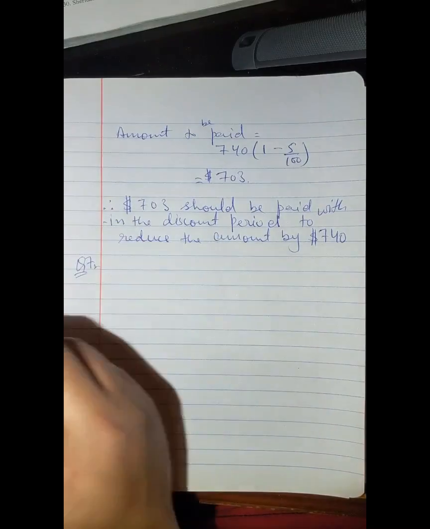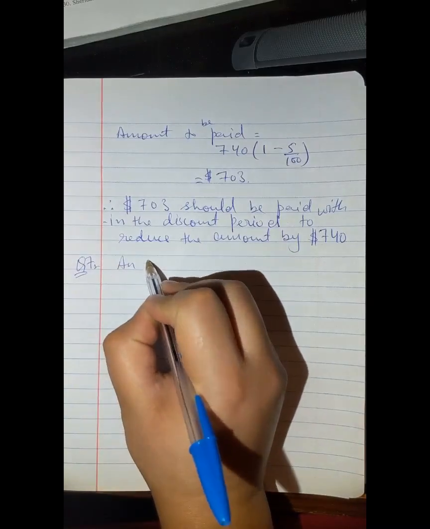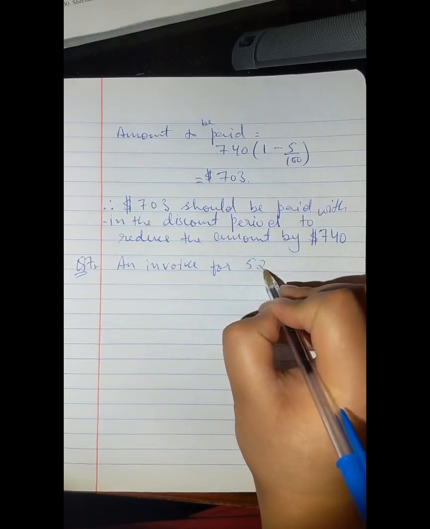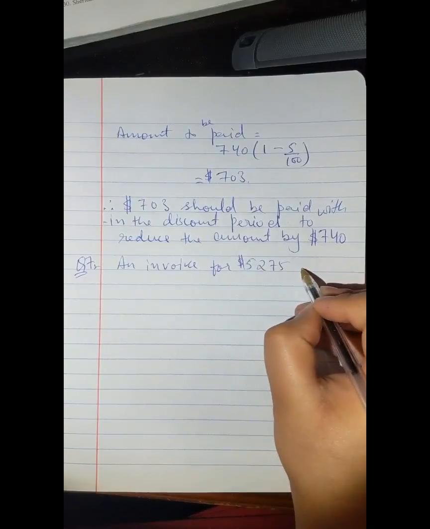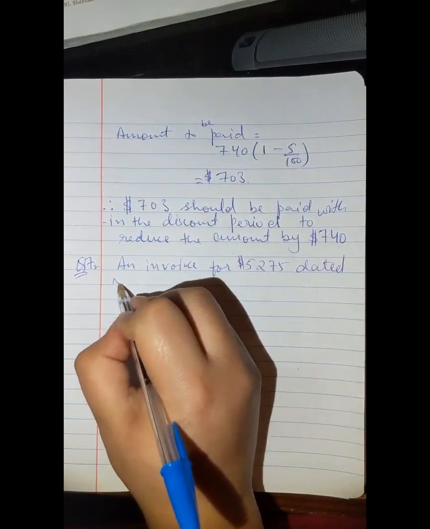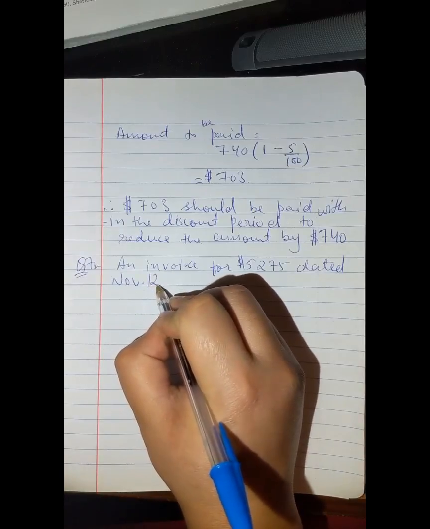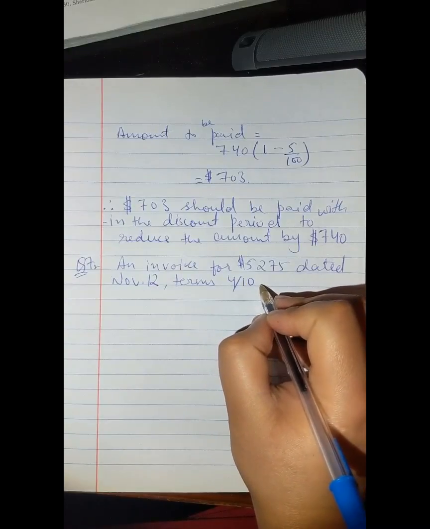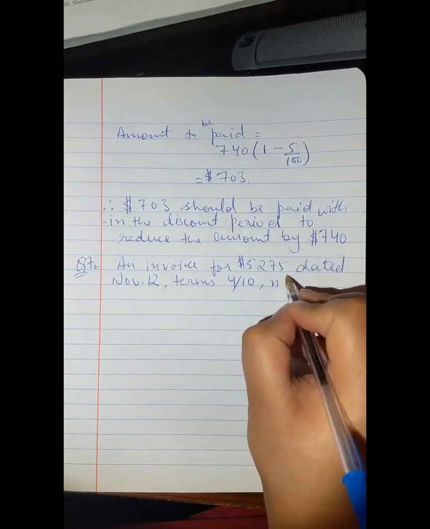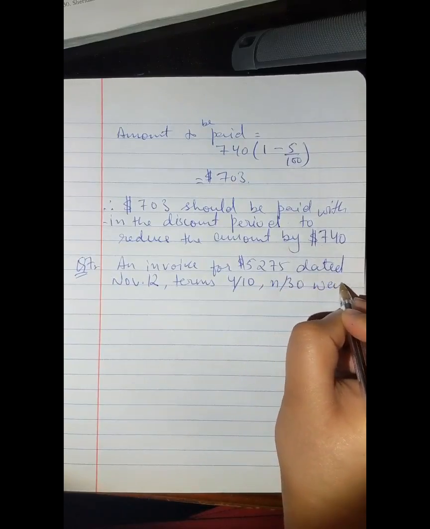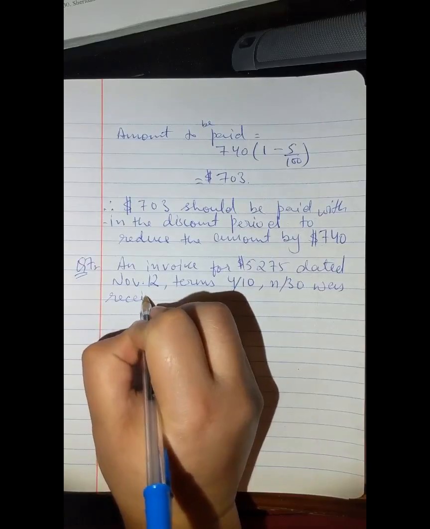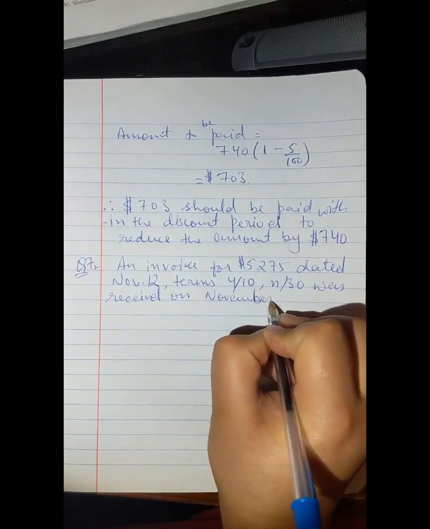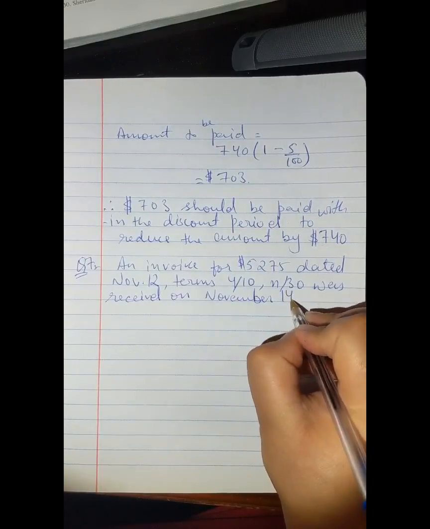It says an invoice for 5275 dated November 12th, terms 4/10 net 30, was received on November 14th.